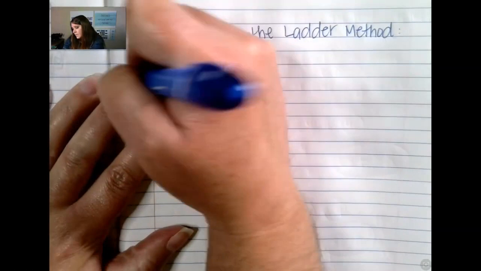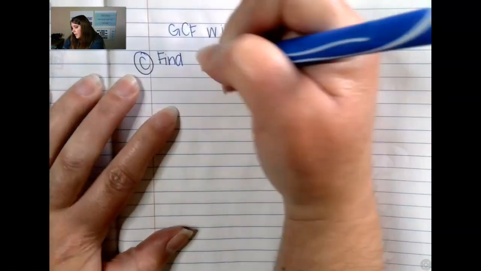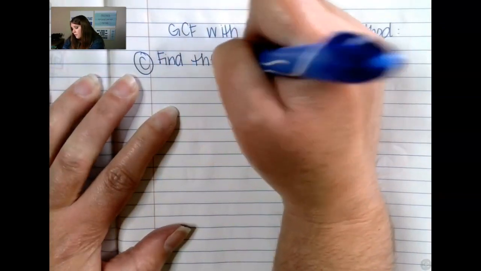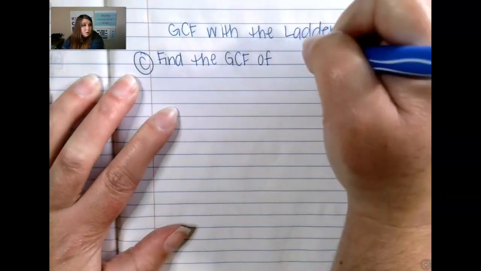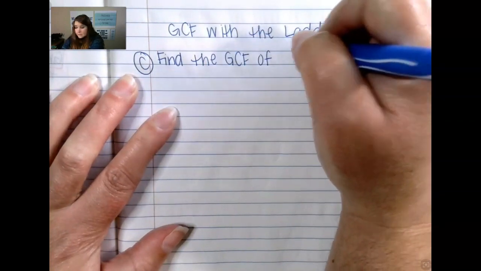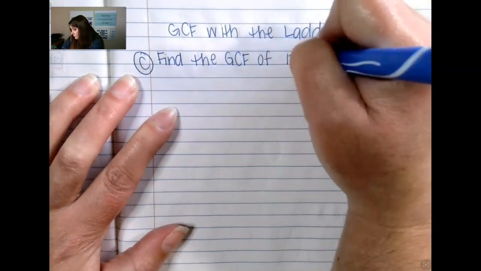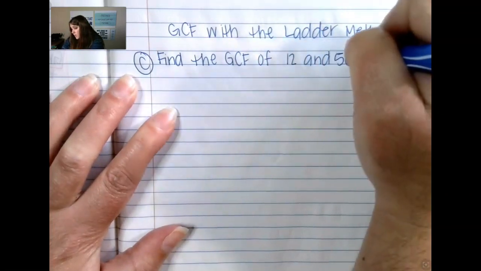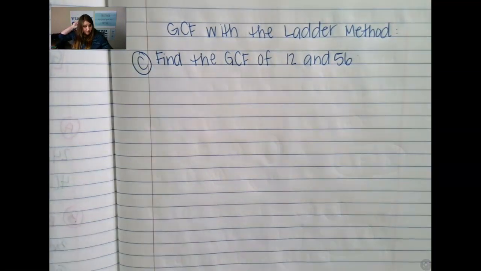So this will be example C, and this says find the GCF of 12 and 56. And we are going to use the ladder method to do this.